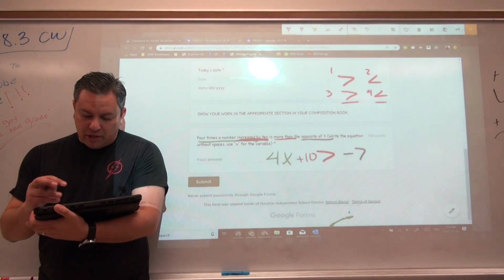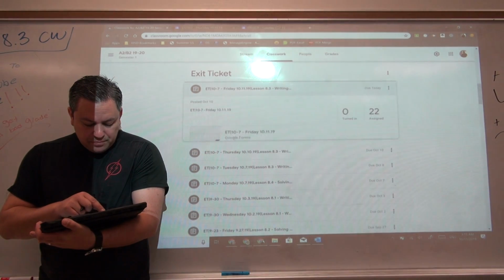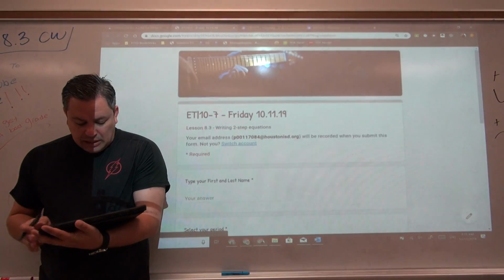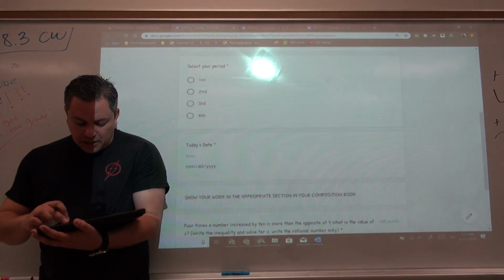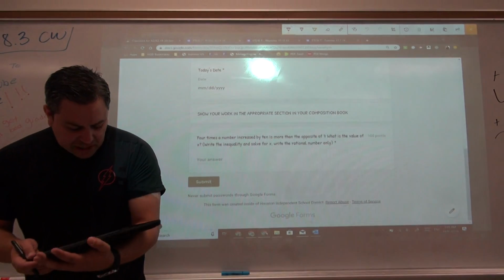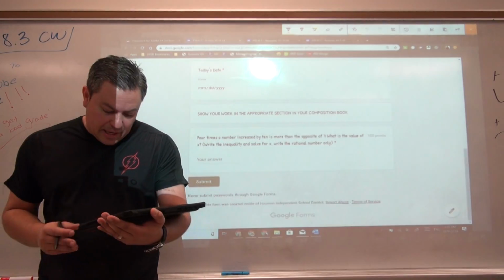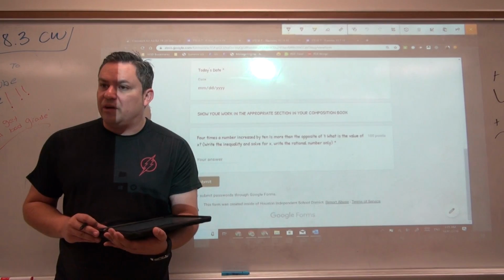Now we're going to do the one for today, the last one for this week. The last one for this week is also writing inequalities. So let's look at that real quick. It says 4 times the number increased by 10. So basically, it's the same problem as yesterday, but I think now we have to solve it, right?